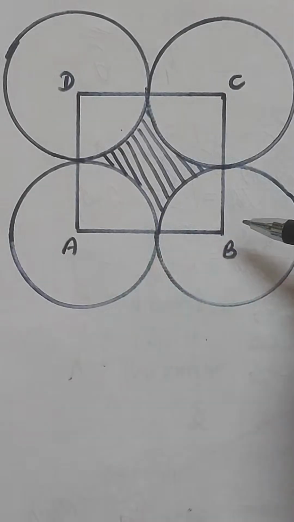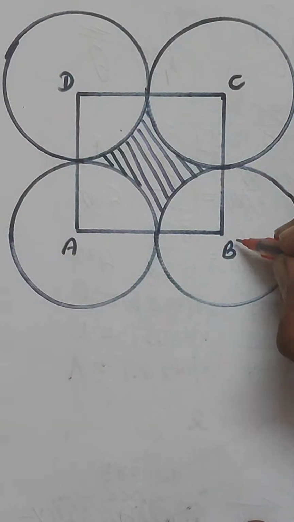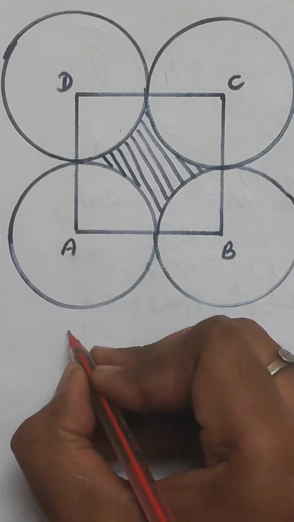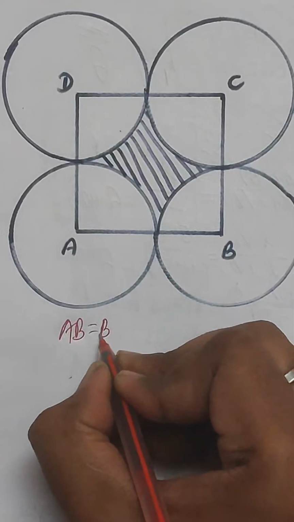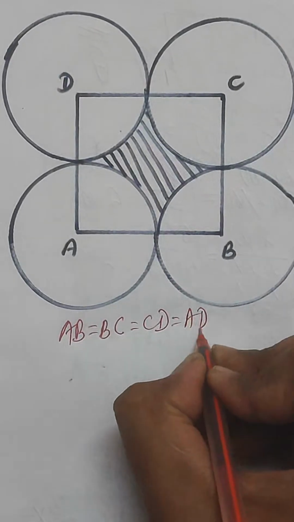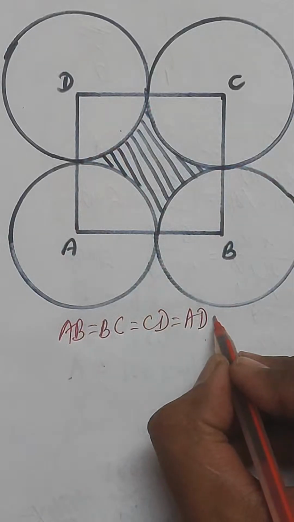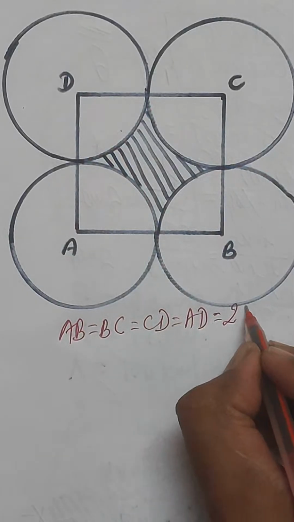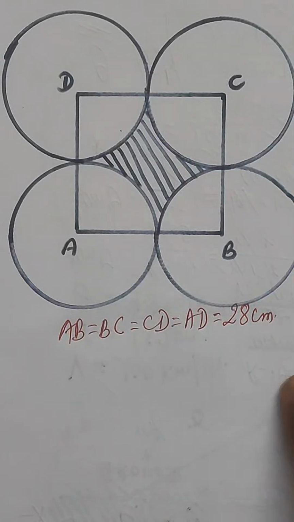So we can write AB is equal to BC is equal to CD is equal to AD. Why? Because all these sides are the sides of a square, and all sides of a square are always equal. So this is given to you as 28 centimeter, right?